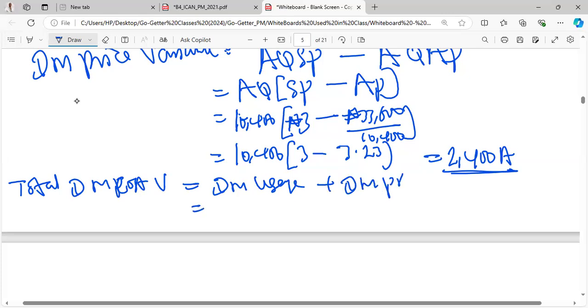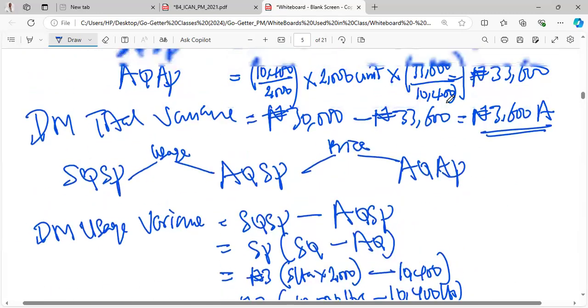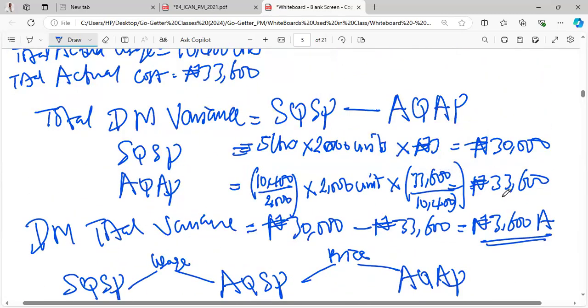So direct material price here is 2,400 adverse. Then the other one is 1,200 adverse. This gives me 3,600 adverse, which is what we got here, 3,600 adverse. So that's what we know in direct material cost variance.